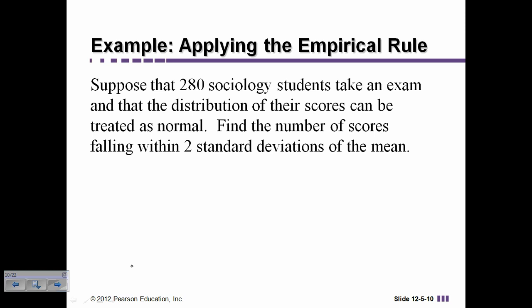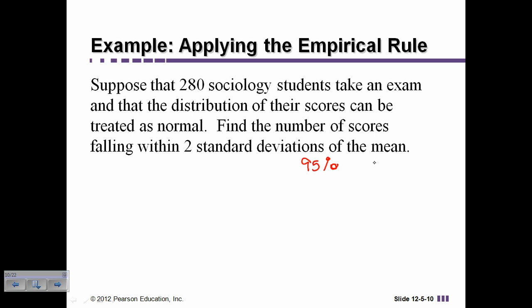So let's say we had 280 sociology students that took an exam, and the distribution of their scores should be treated as normal. How many scores should fall within two standard deviations of the mean? We already talked about that 95% of the data should fall within two standard deviations of the mean.